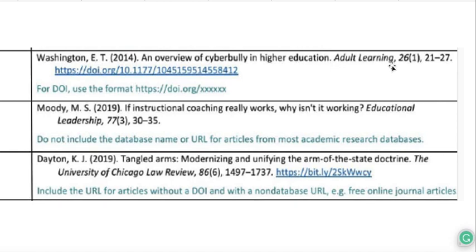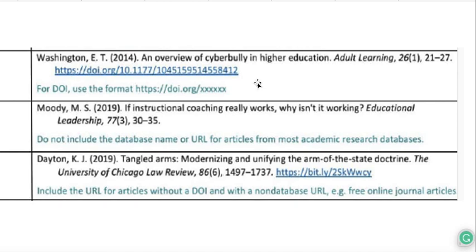After that comes the journal title, the journal name, and then the volume number and the pages on which the article is present, followed by the full DOI, which is mostly available with the articles and can be found on the journal website also.